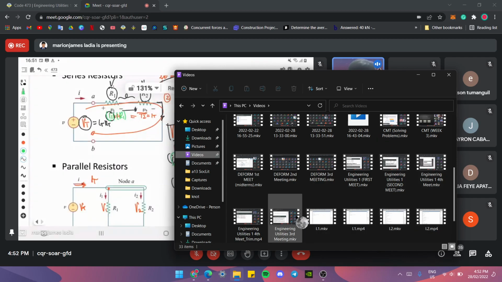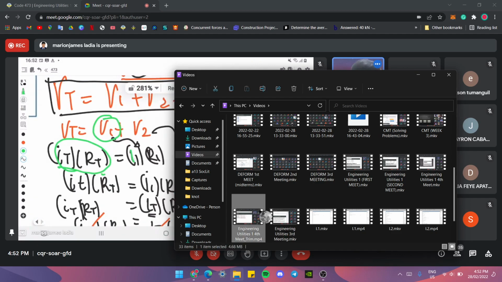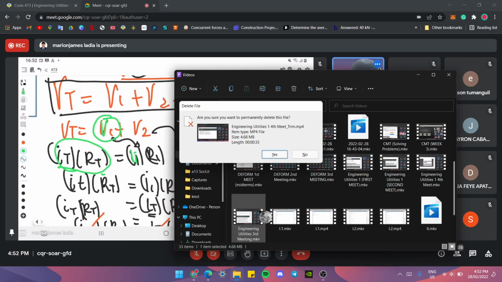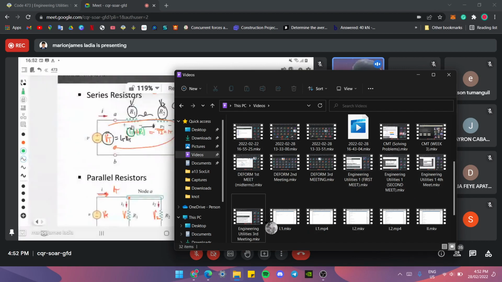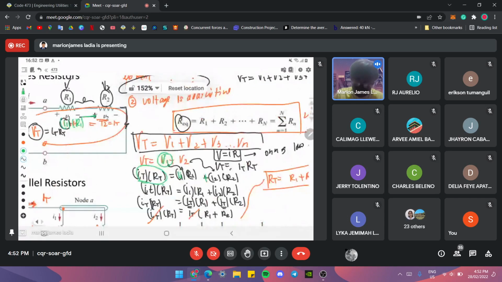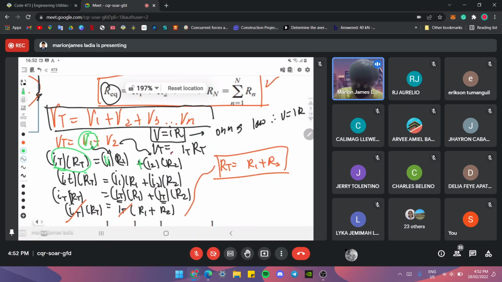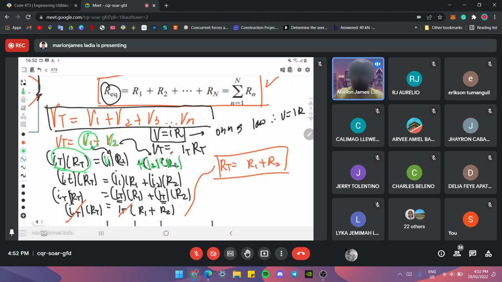Okay? So from that, I will have a value equal to I1 R1, of course, for my V1. Plus, yung pumapasok sa current sa resistor 2 ko, which is equal to I2 multiplied by my R2. Siyempre, of course, it is equal to my V2. So, pag may V3 ako, siyempre mag-add ka pa ng I3 multiplied by R3 and so on and so forth.